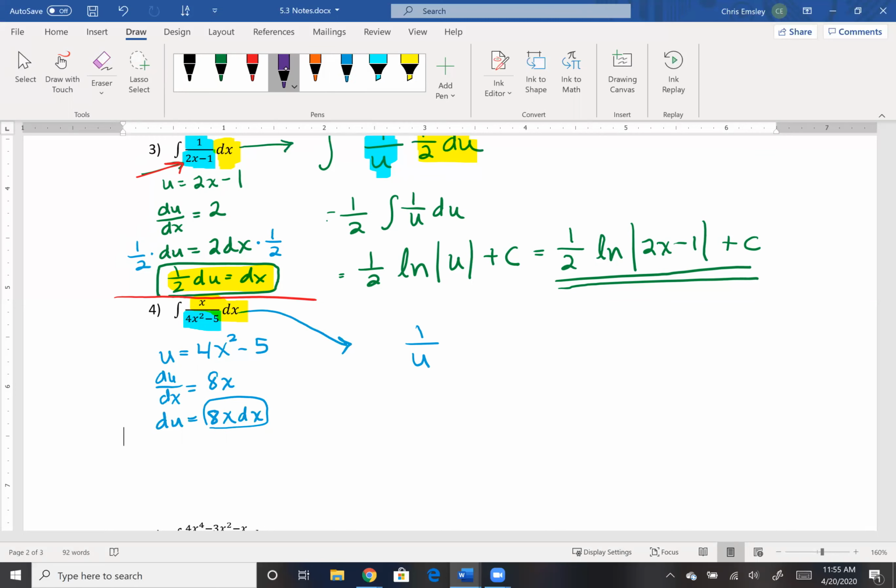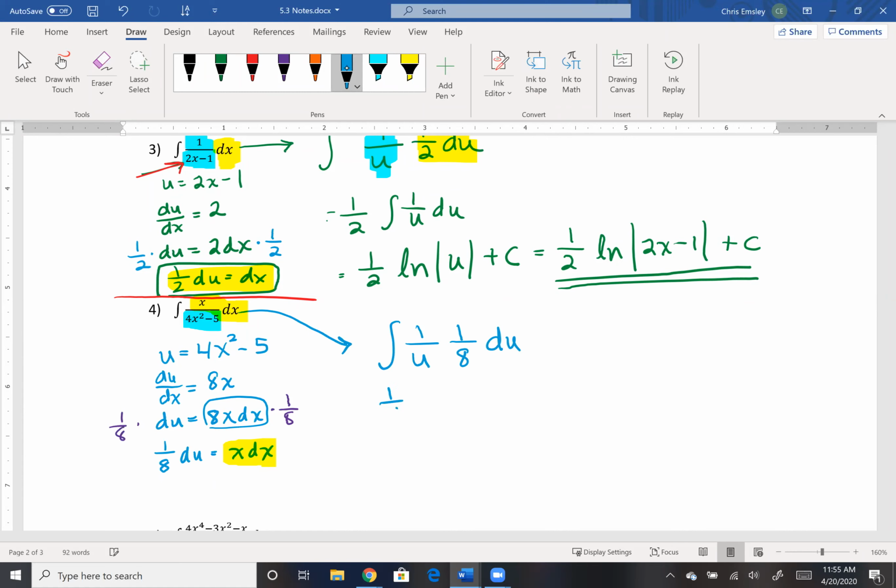So I'm going to multiply both sides by 1/8 to move the 8 out of the way. And now I match. X dx is what I have.